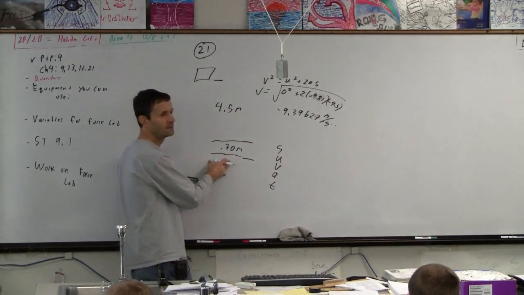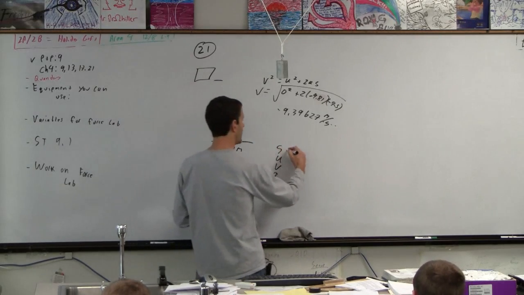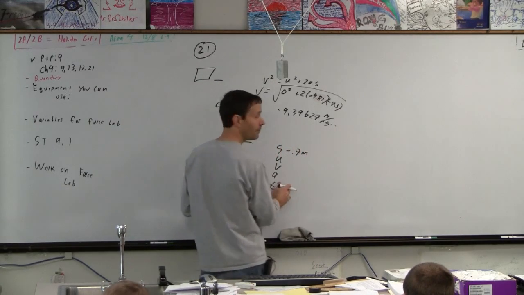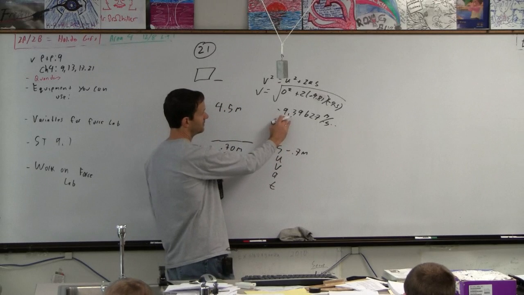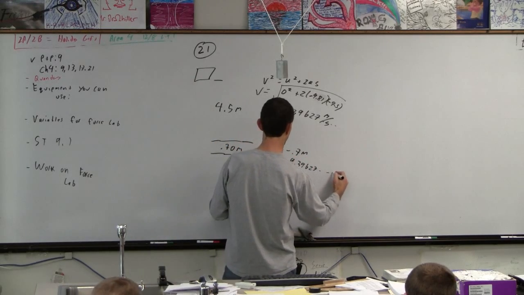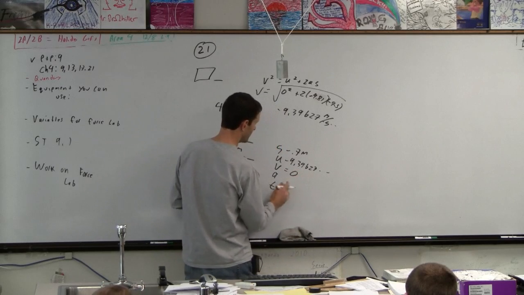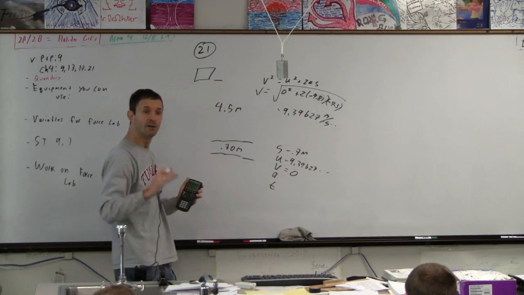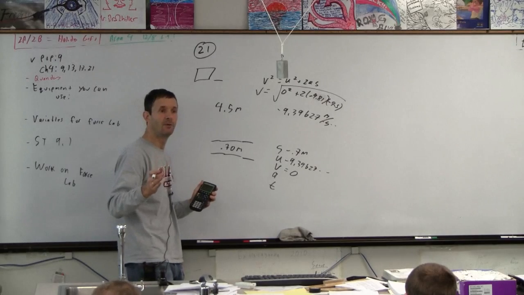What do we know? We go down 0.7 meters when we stop. Our initial velocity is negative 9.39627, final is 0, and we want the acceleration. We don't care about the time.